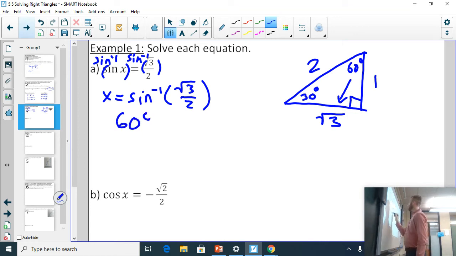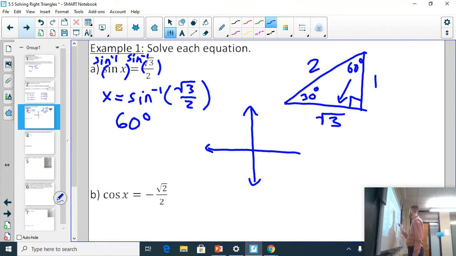But we're not quite done, right? Because not only does it work for 60 degrees, but wouldn't it also work for an angle whose reference angle is 60 degrees? Right? If this reference angle is 60 degrees, then the sine of that also equals square root of 3 over 2.